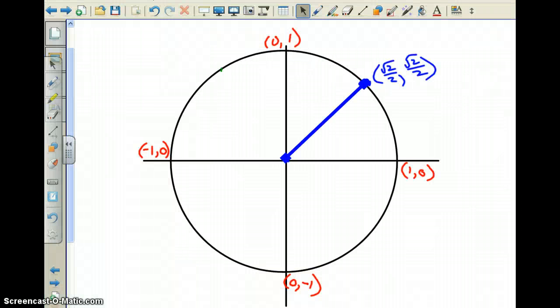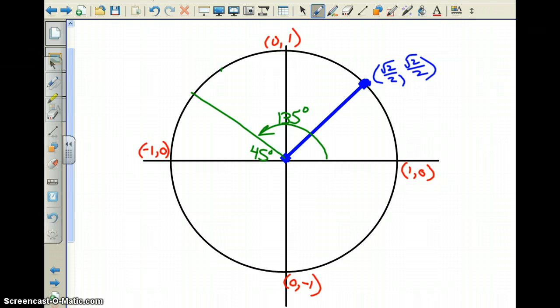Now, one thing to keep in mind here that's important is, yes, now we know the coordinates for 45 degrees, but we also know the coordinates for, we'll say, 135 degrees, which would be here in the second quadrant, because 135 degrees rotation has a 45 degree reference angle.